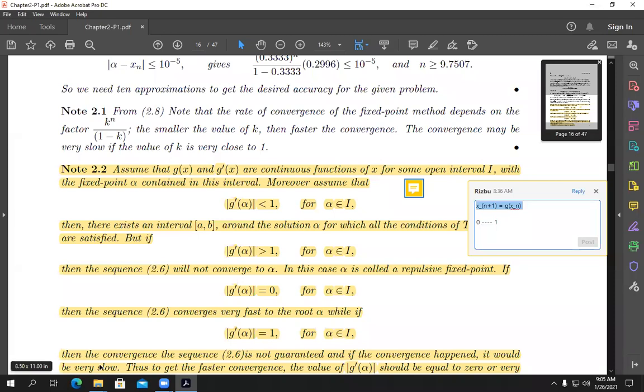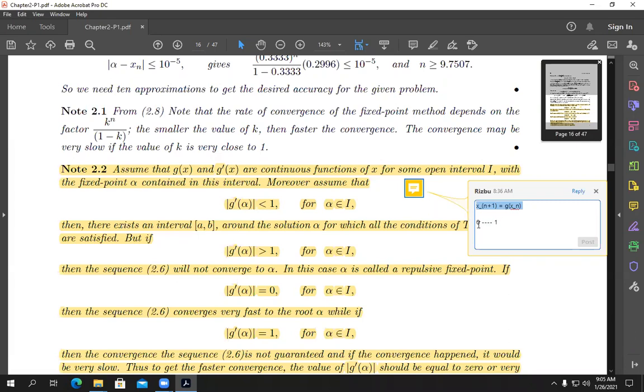So this is a very important note, please. We have to check a lot of examples. Before solving, we have to check whether the method for this problem converges or diverges, and if it converges, whether slowly or fast. So you can see when we say the absolute value of g dash alpha is less than 1, what is your range, please? 0 and 1.